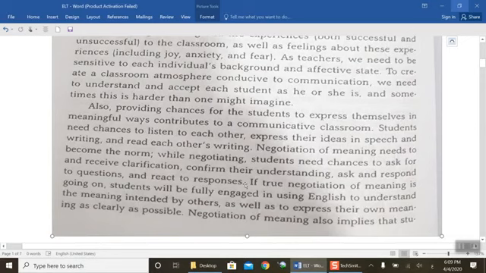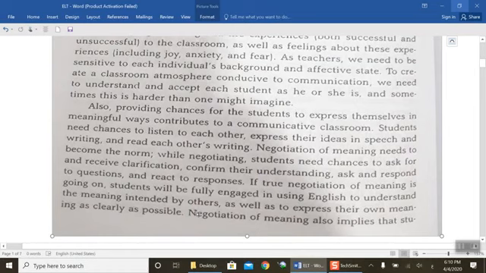The students should be given chances to speak, to write, to express their ideas freely, to negotiate with each other, to talk with each other. If true negotiation of meaning is going on, students will be fully engaged in using English to understand the meaning intended by others as well as to express their own meaning as clearly as possible.